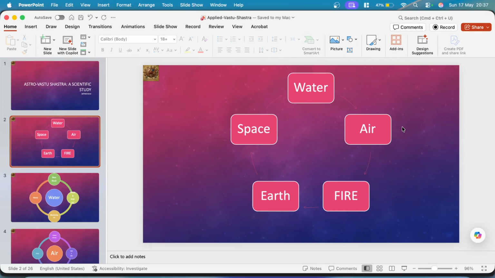From space we get the rain, so it's the water element. The water maybe evaporates, or it goes into the roots of the trees, so it creates the air element. Normally the air element is represented in nature through trees and plants, and you will understand it afterwards.